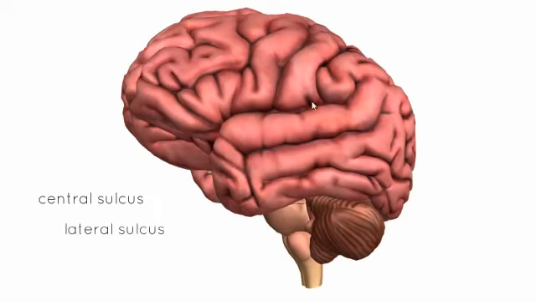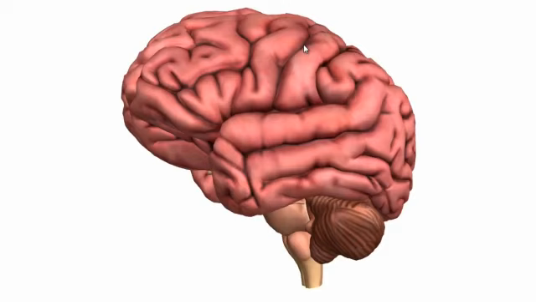I'll do another tutorial which goes through all these different grooves and ridges. The reason I showed you these 2 sulci is because they can be used to separate some functionally important lobes of the brain.